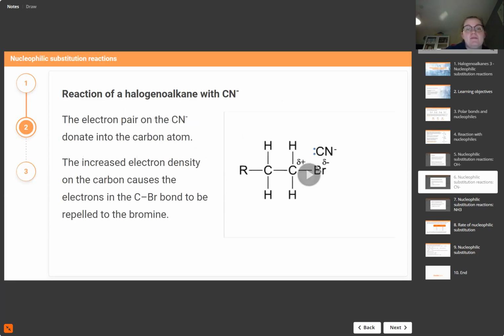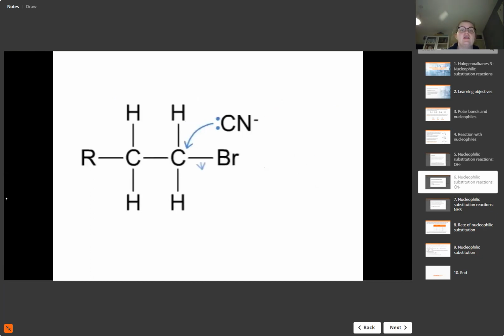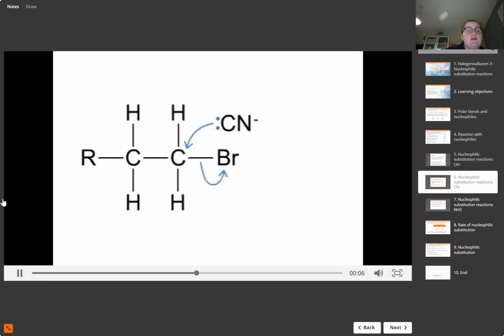When that happens, the electron pair on the cyanide ion is donated to the carbon. Because now we've got an increase in electron density around the carbon atom, the electrons that are shared in the carbon-bromine bond are repelled from that bond to the bromine.